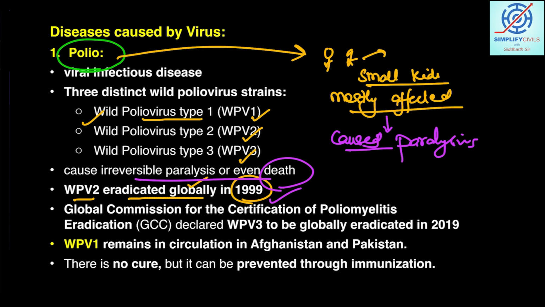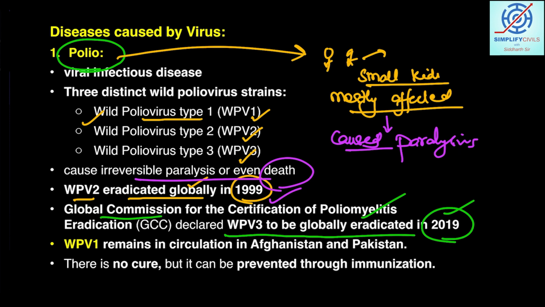So in 1999 we eradicated type 2 polio virus completely and globally, and then in 2019 the news came that globally we have completely eradicated type 3 virus also. Poliomyelitis, that is the name of the disease. The commission here is the Global Commission for Certification, which certifies whether that particular disease has been eradicated or not. It clearly declared that in 2019 type 3 polio virus is eradicated.